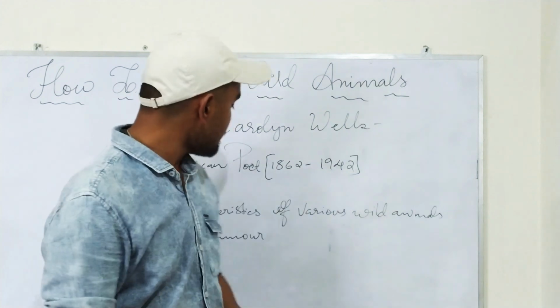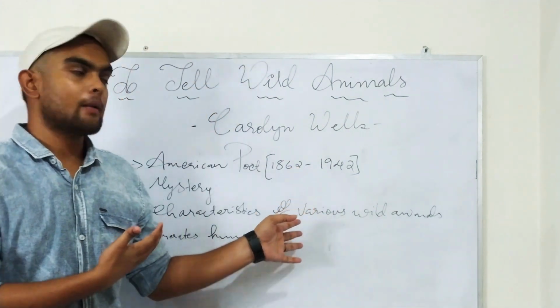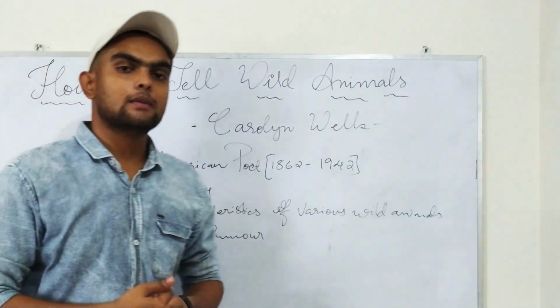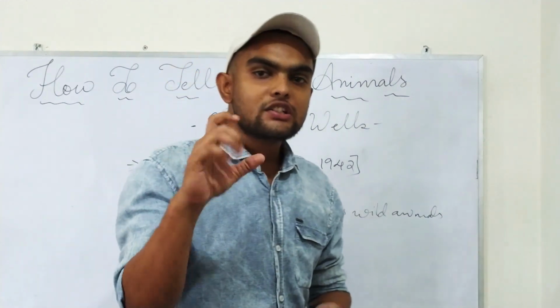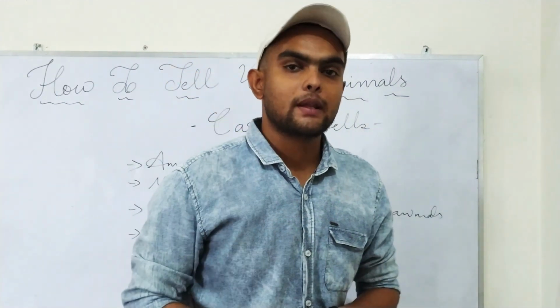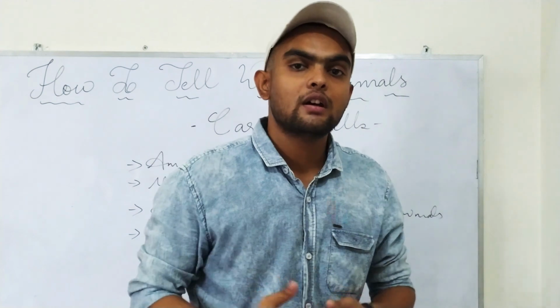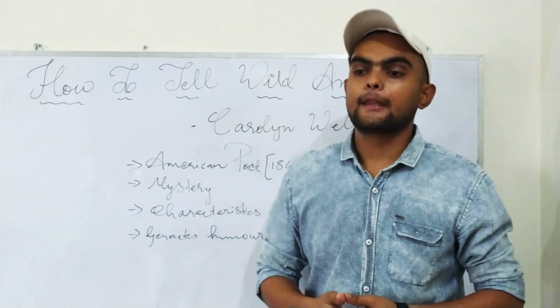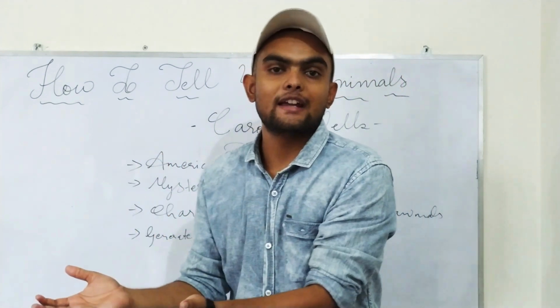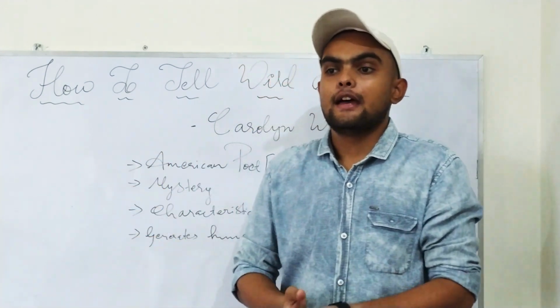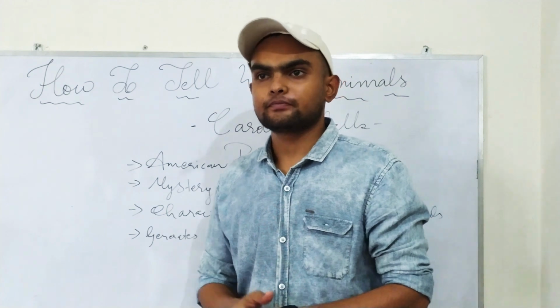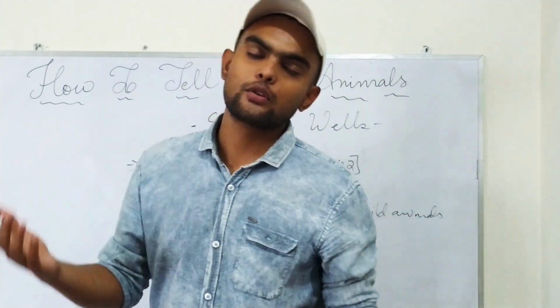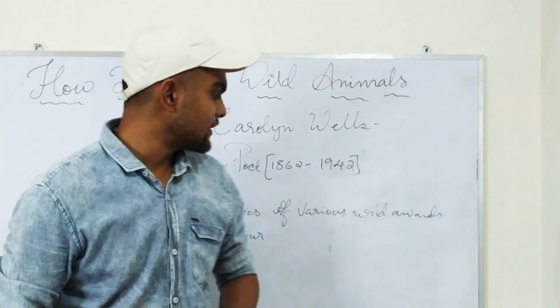And here in this poem, How to Tell Wild Animals, she is introducing to the reader some of the wild animals like Bengal tiger, Asian lion, bears, and hyena, etc. We will see more about that.